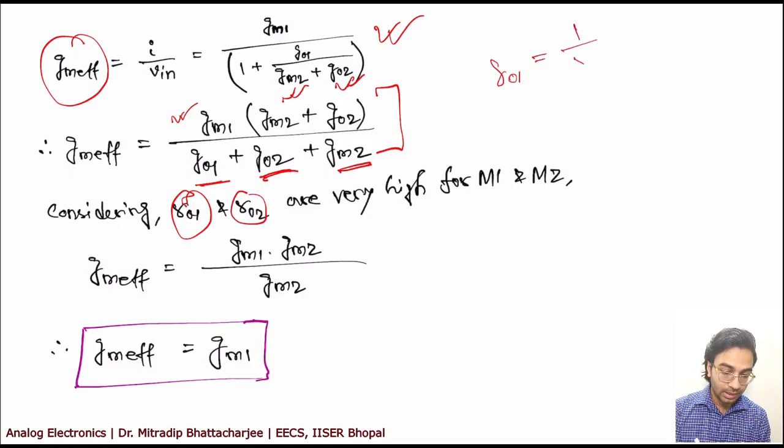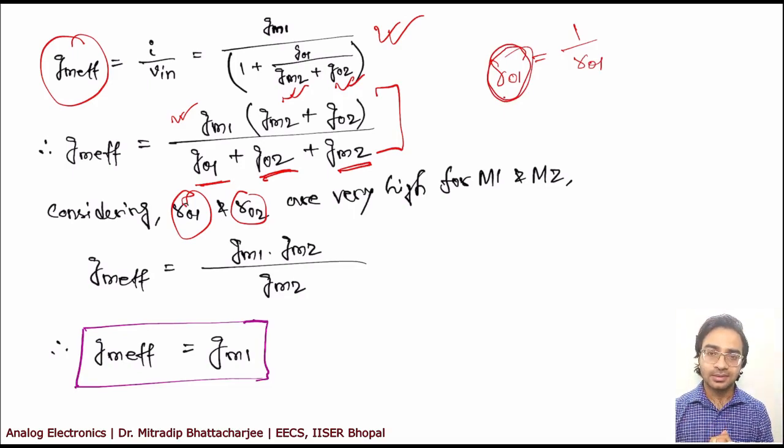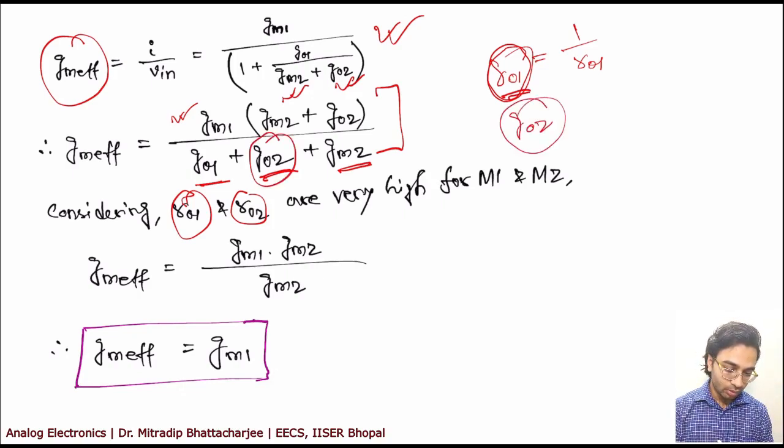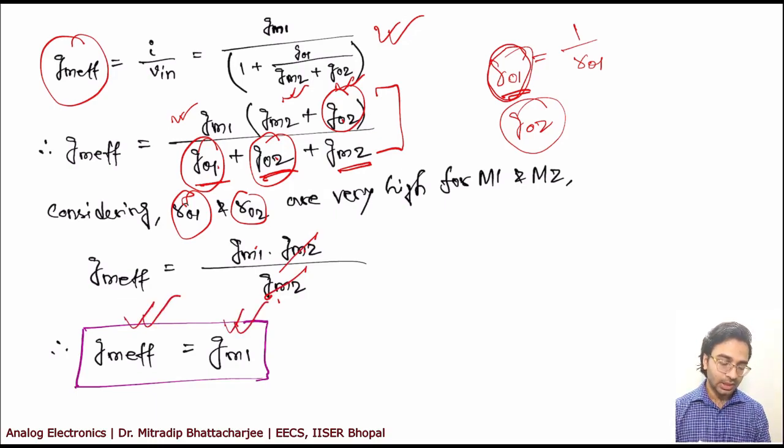This is 1 by RO1, so definitely GO1 will be very less. Now if it is very less, GO2 will also be very less. Then you can ignore these terms, and if you ignore these GO terms, you will find it is GM1 into GM2 divided by GM2. Cancel it out. You find that your GM effective is essentially equal to GM1, very close.